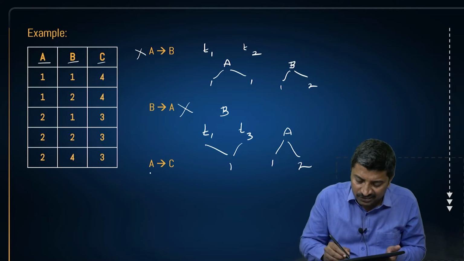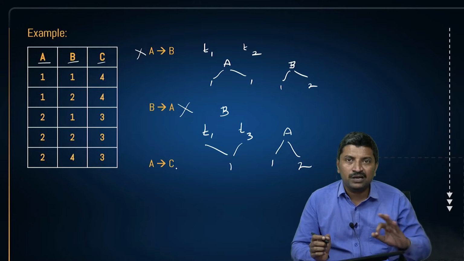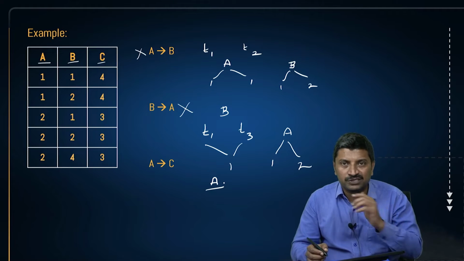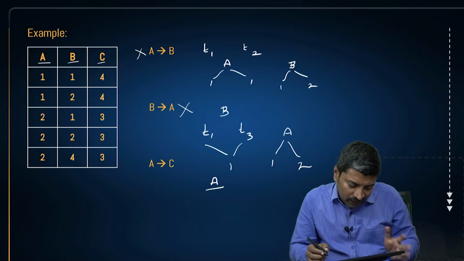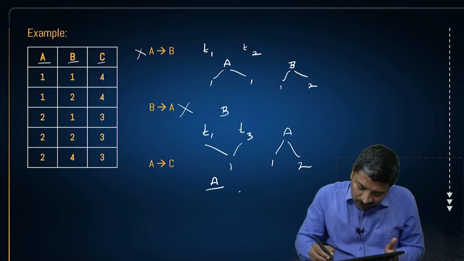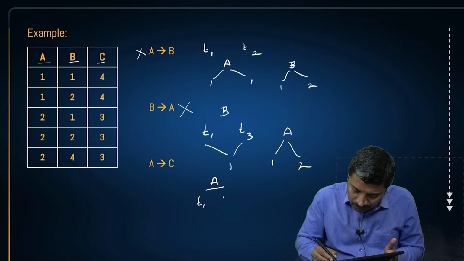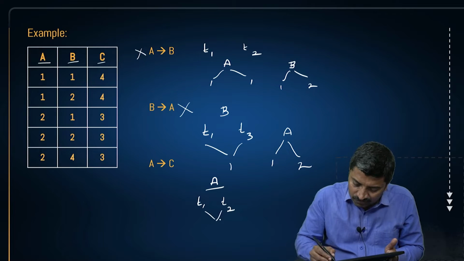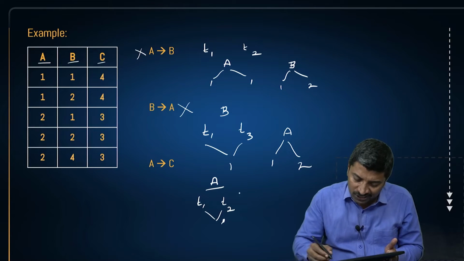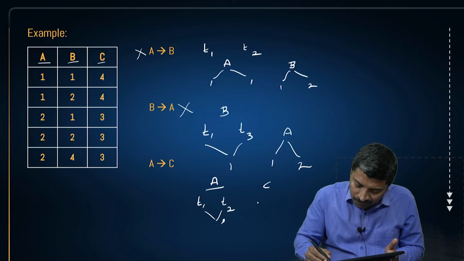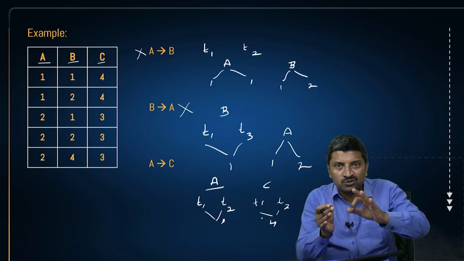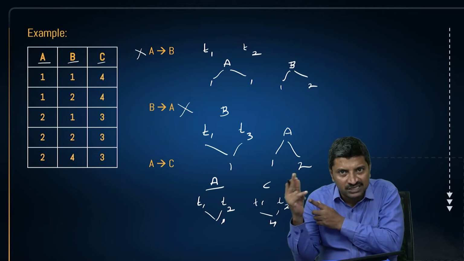The next functional dependency is A goes to C. Okay. So consider the left hand side attribute A. Verify whether there are any two tuples with same values. I think we are having T1 and T2. These two are having same value 1. What about the corresponding values of C, sir? T1, T2. These two are having 4. So that means these two tuples are having same values for A as well as C also.